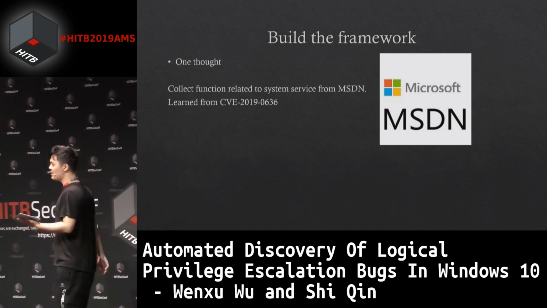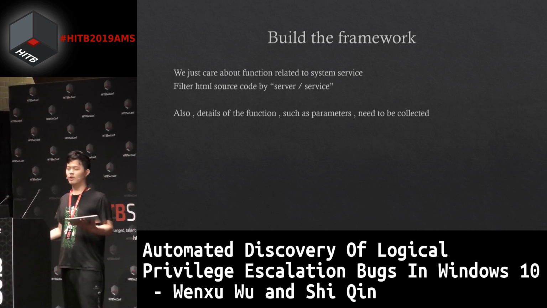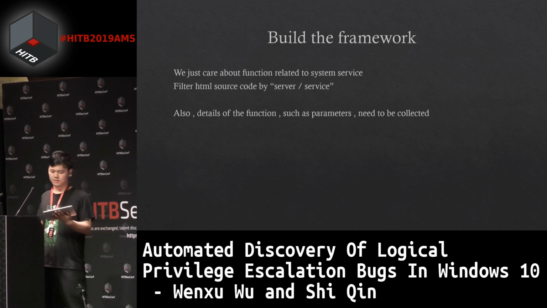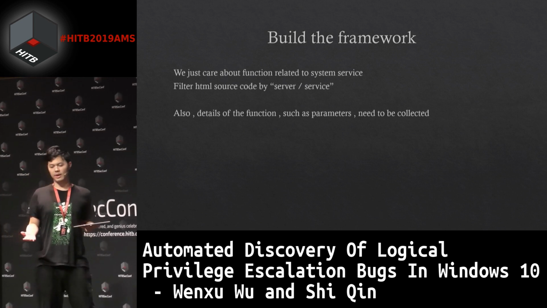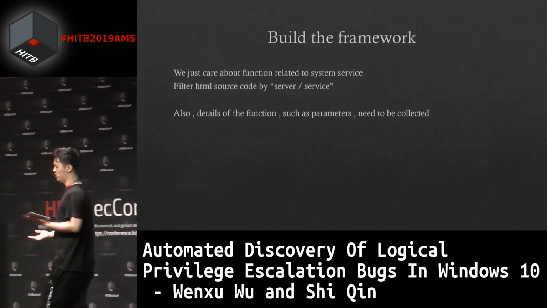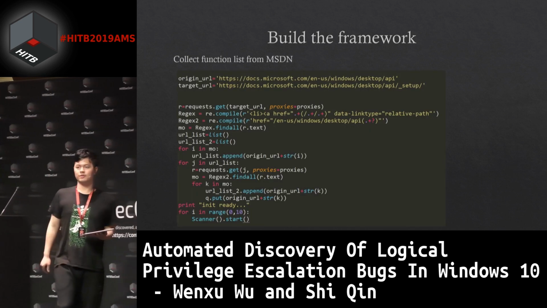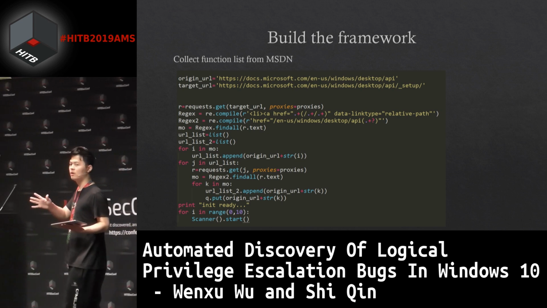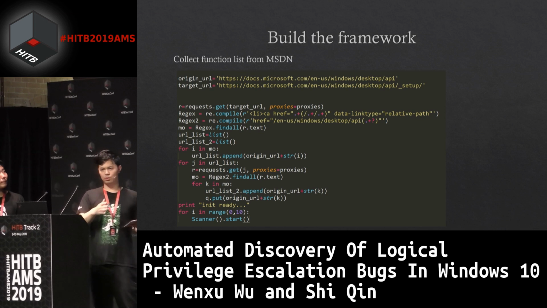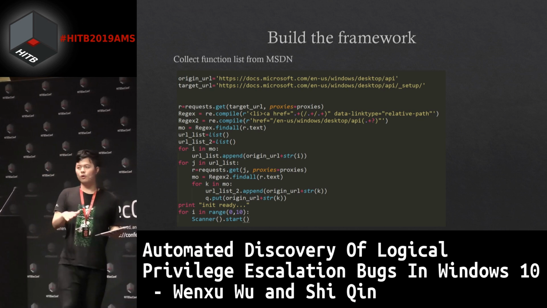So I wrote a spider and collected a function list related to system services. And the details in MSDN should also be collected for further usage. The spider code is very simple. We just collect by keywords related to system services and get a full list.